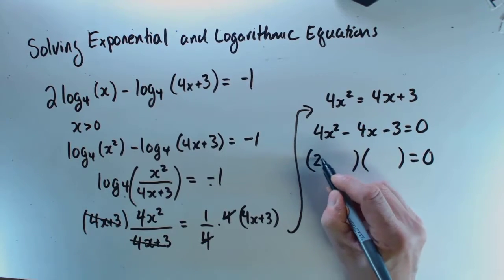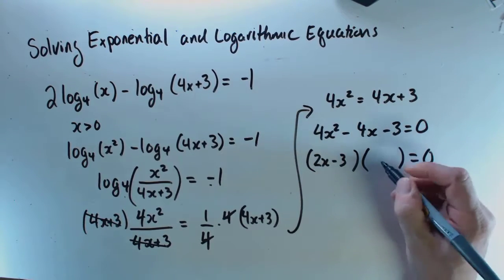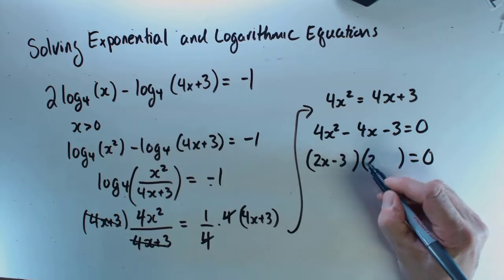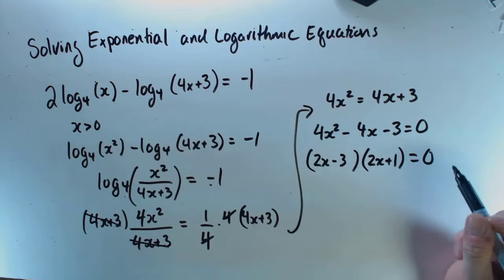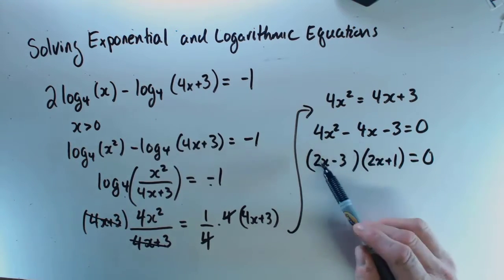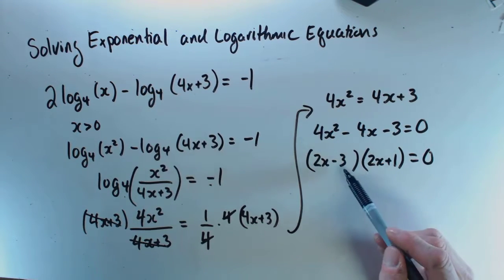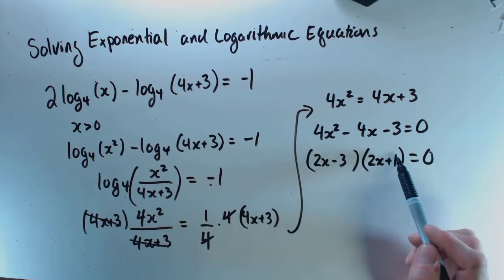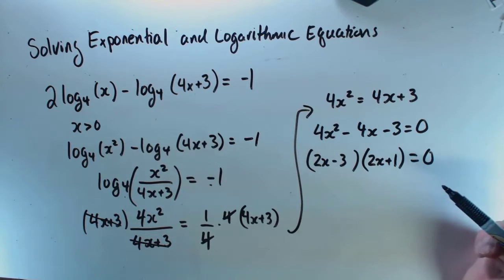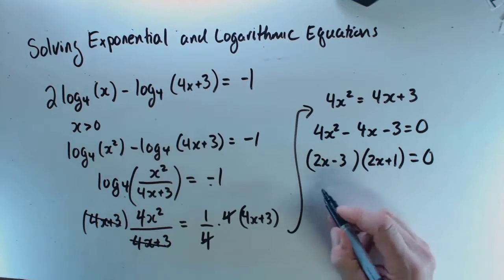I'm going to say 2x minus 3 because it ends in a 3, and then I'm going to go 2x plus 1, and that'll give me 4x squared plus 2x minus 6x minus 3, which is going to give me back my original. Okay, so these two things are equal to 0.